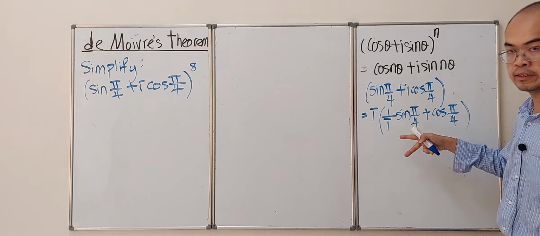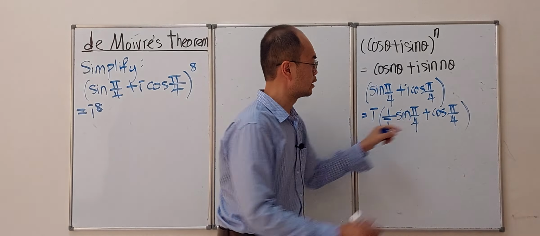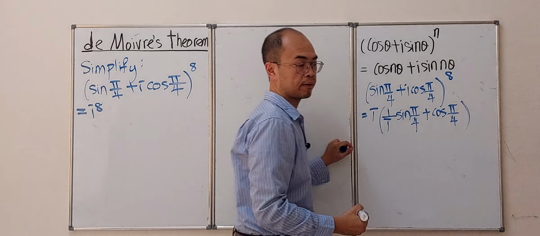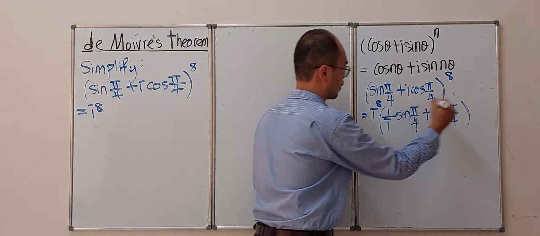So now, because there is a power of 8 here, I have to write I to the power of 8. Alright? Because this whole thing has a power of 8 here, right? So here will have power of 8, here also power of 8.